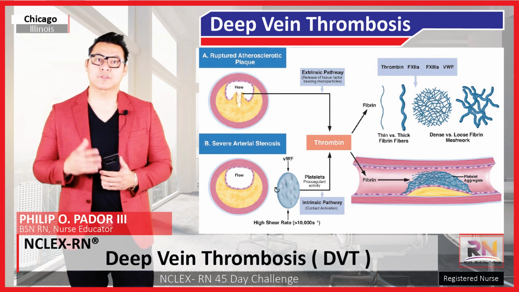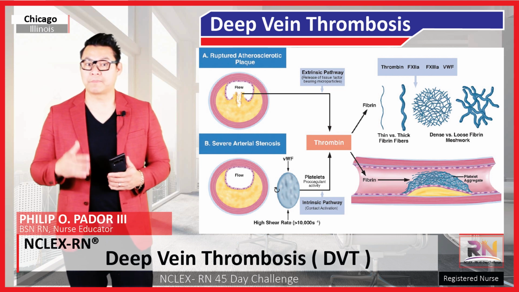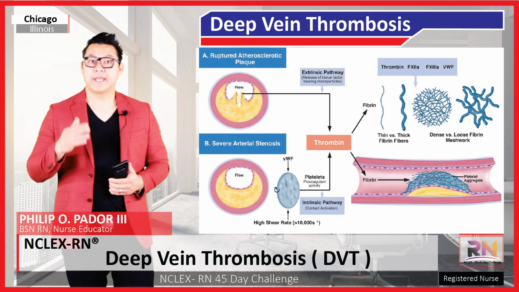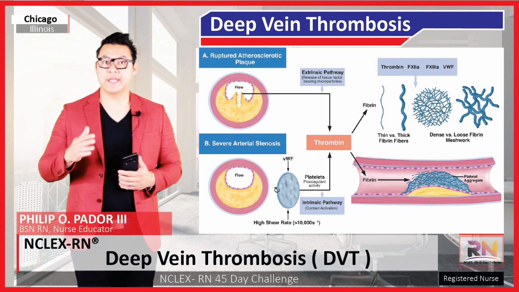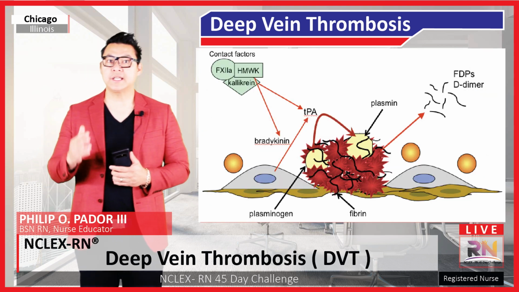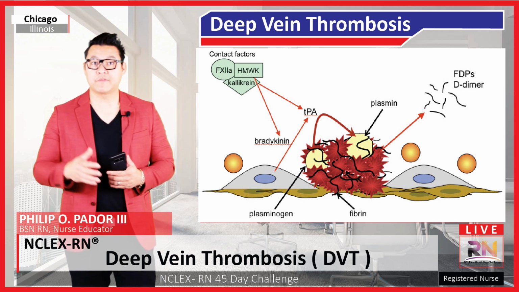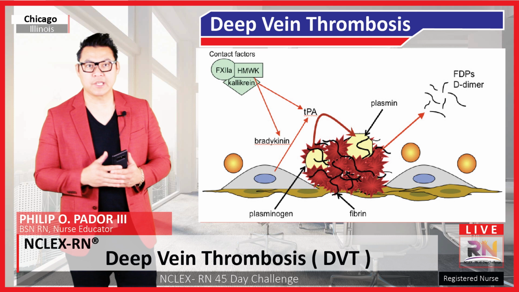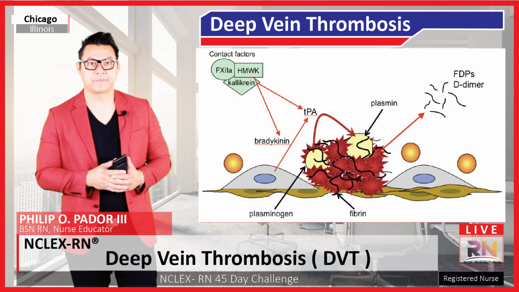However, things can also break down the thrombus. These are plasminogen or plasmin. Plasmin cleaves the fibrin, creating what is now called a D-dimer. During active thrombosis, there are elevated D-dimers, so the measurement of a D-dimer can give some indication of coagulation activity occurring in the body.